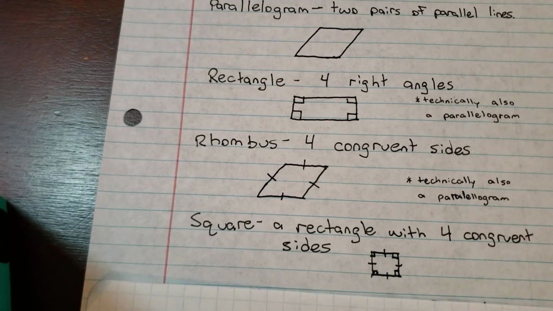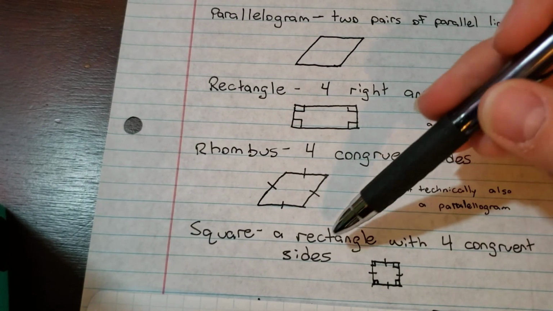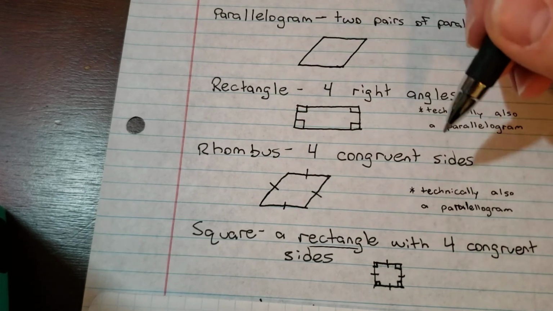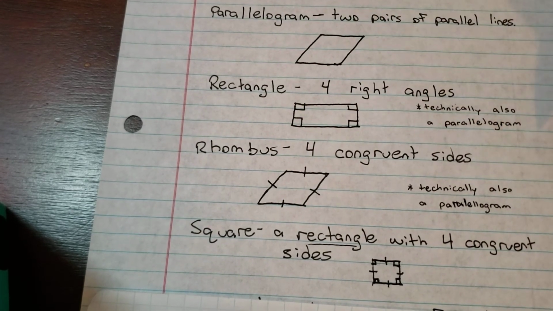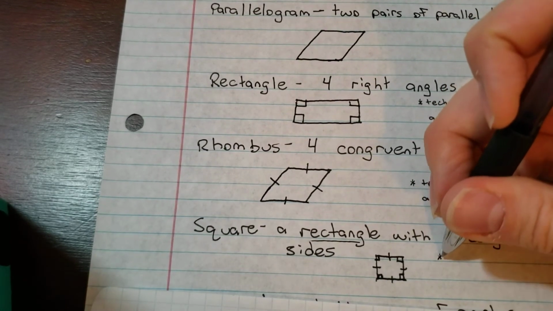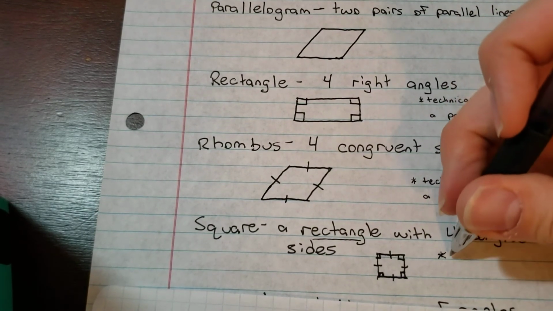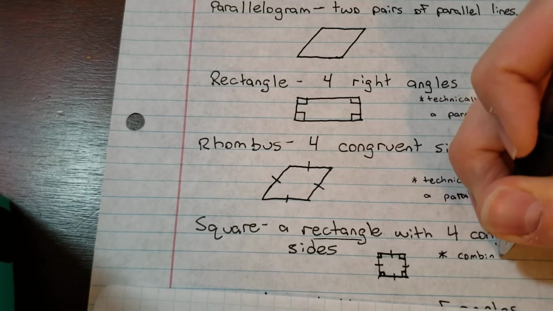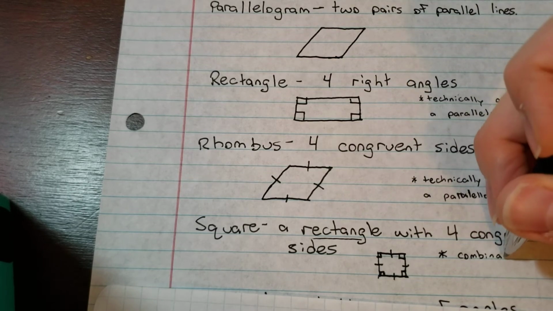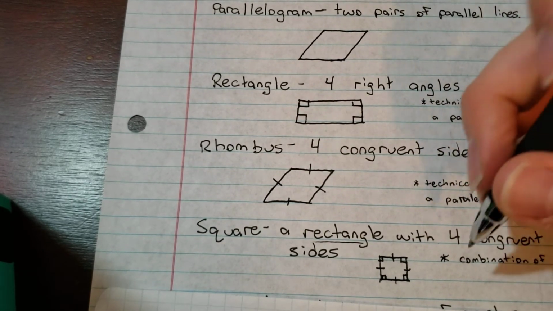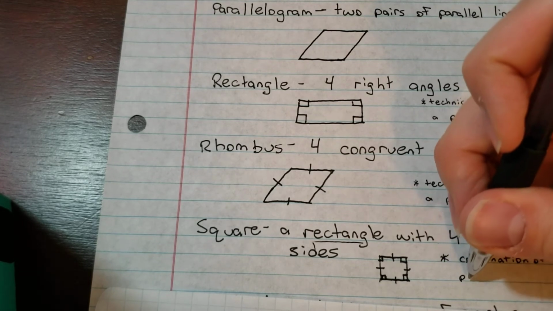And then finally we have a square. Now notice how I called it a rectangle here because it has four right angles. So it's a combination of the previous three.